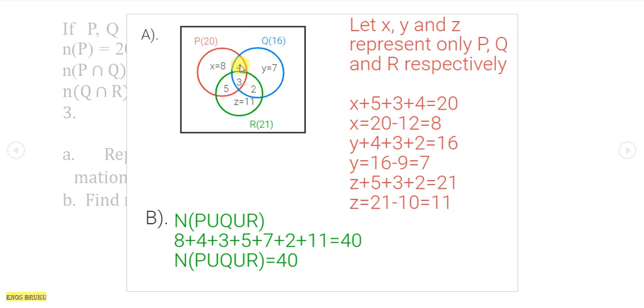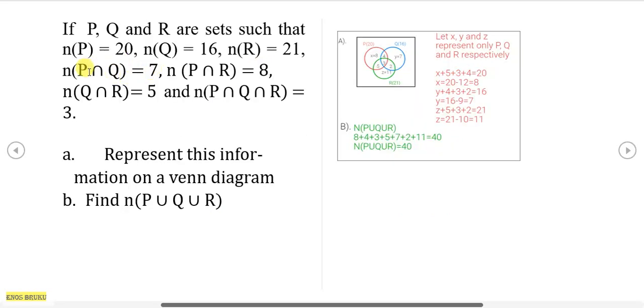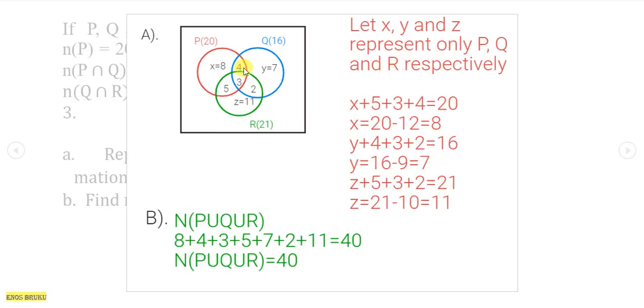So at the end of the day, if you add this 4 and 3, it gives you 7, which is the intersection of P and Q. Okay, if you mistakenly write 7 over here because the question is saying P intersection Q is 7, at the end of the day you'll be wrong, because 7 plus 3 is 10. Okay, good. So instead of writing 7 here, we are going to have 7 minus 3, which will give us 4.